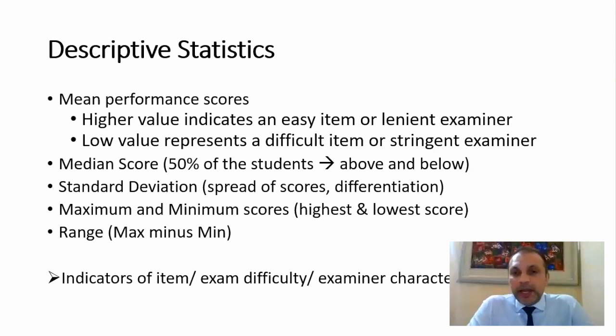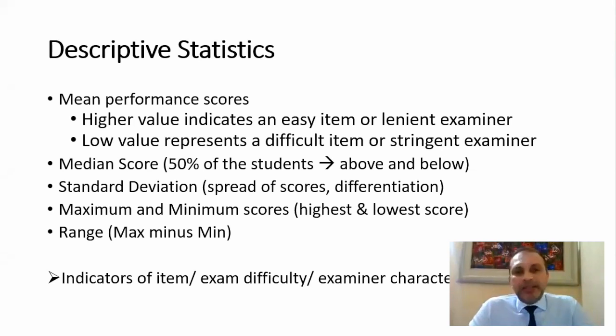Either it was not taught, it was not learned, it was probably not according to your table of specifications or learning objectives, and hence the students didn't know it. It was very difficult, or the examiner was untrained or very stringent. So you look at the mean score and try and judge the relative difficulty or leniency or stringency of the examiner.